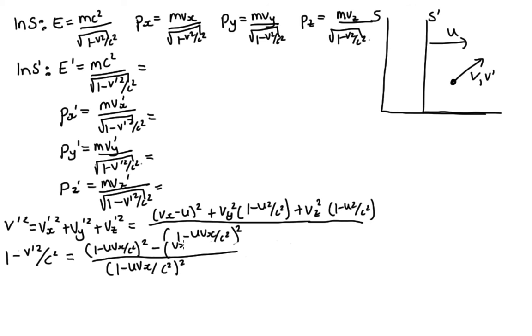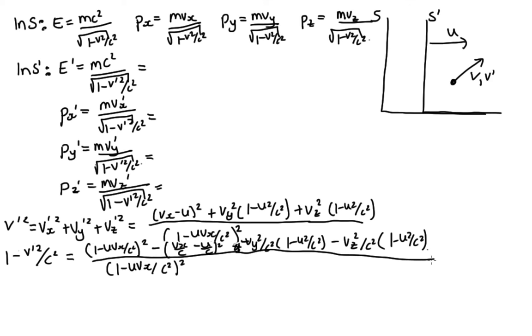So let's write this as vx on c minus u on c, squared, so just dividing that by c squared and putting the c's in the brackets. Then minus vy squared on c squared, 1 minus u squared on c squared. Sorry, that's a minus because we're subtracting it here. And then this is minus vz squared on c squared, 1 minus u squared on c squared.